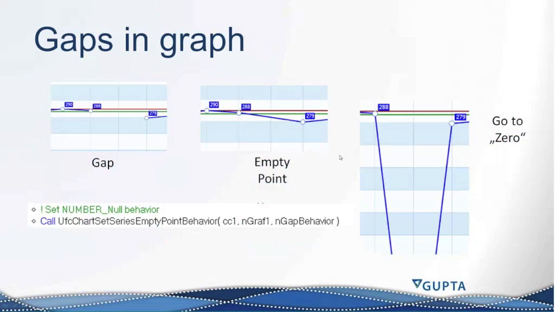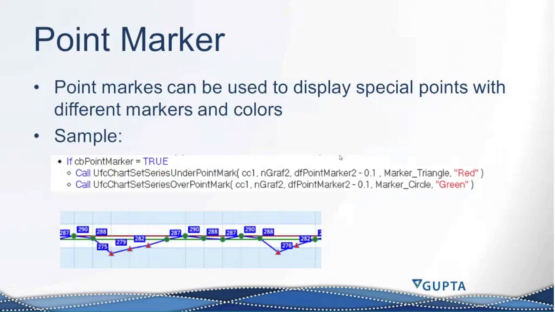Point markers can be used to display special points with different markers and colors. Like you want to have a special value, and under this point or this value or special line, user line, then you want to have red triangles. If you're over this special value, then you want to display green circles.